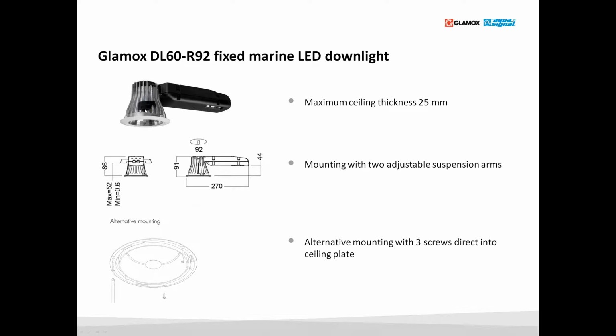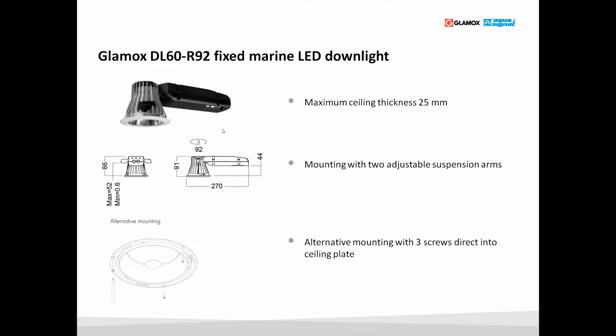We have the suspension arms that I didn't mention either. So we have suspension arms that are adjusted by torque screws. That means that you have bits enclosed for each fitting that you can put up into the screws and easily adjust the height.